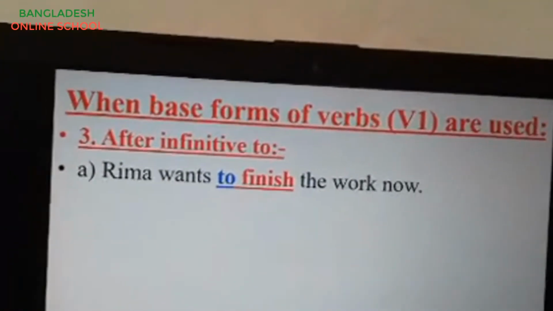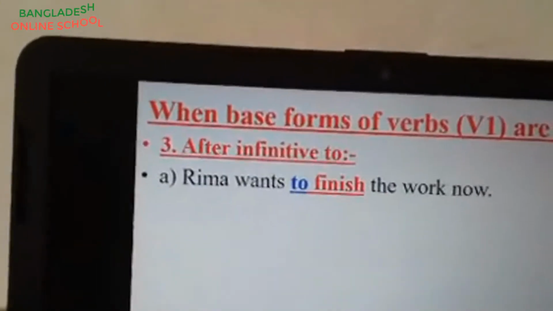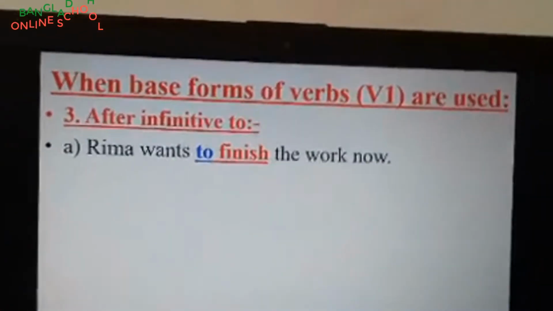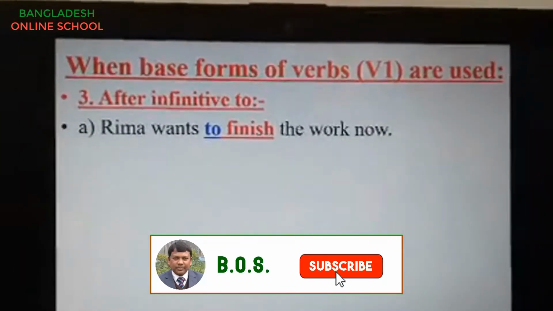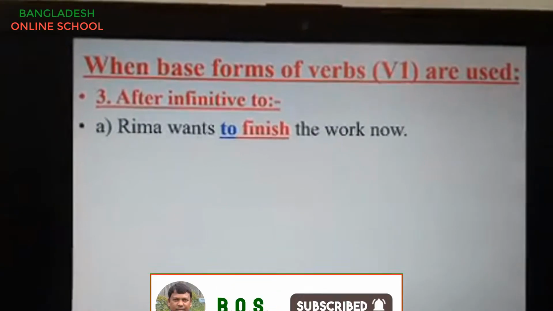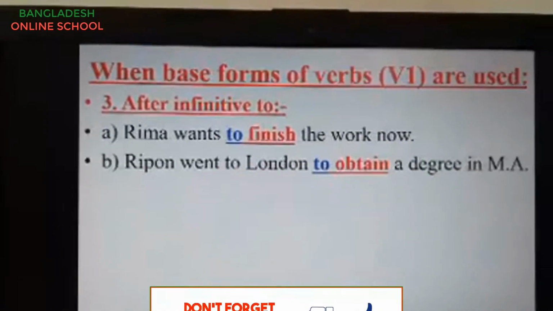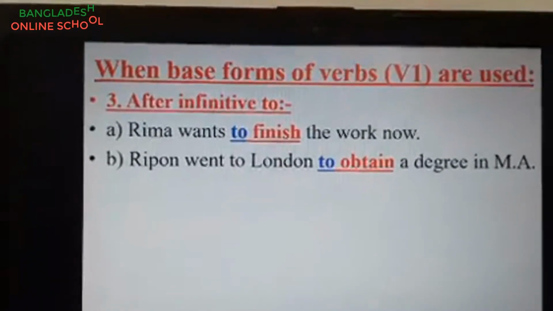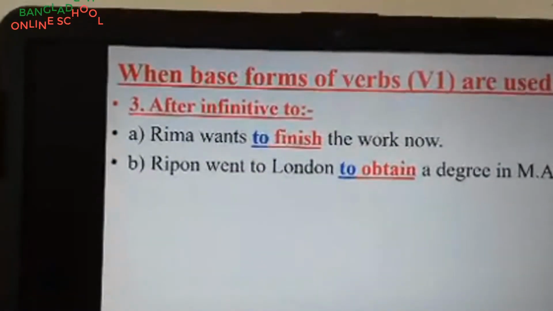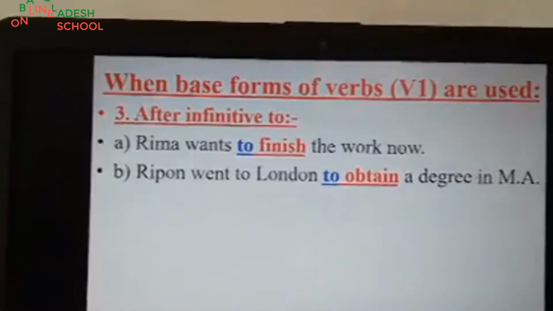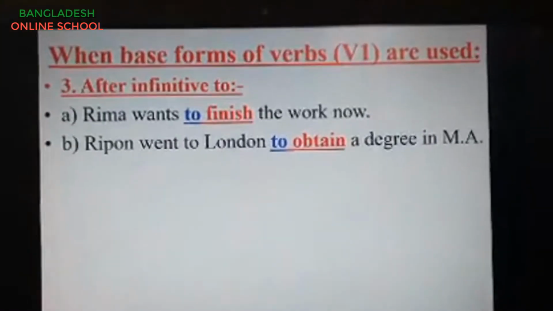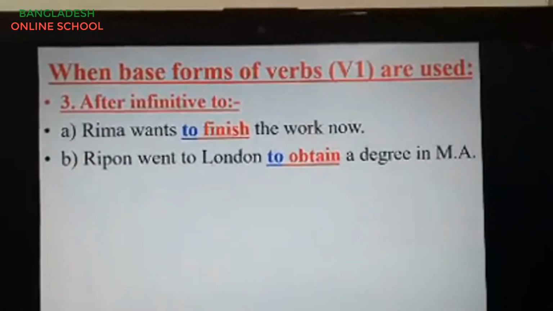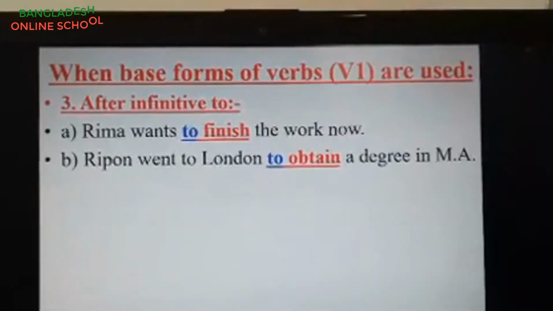Here, to is infinitive. After to, base form of verb is used. In the next example, Ripon went to London to obtain a degree in MA. Here, after to, obtain is a base form of verb. Okay, we see when this to is infinitive, after that to, base form of verb is used.